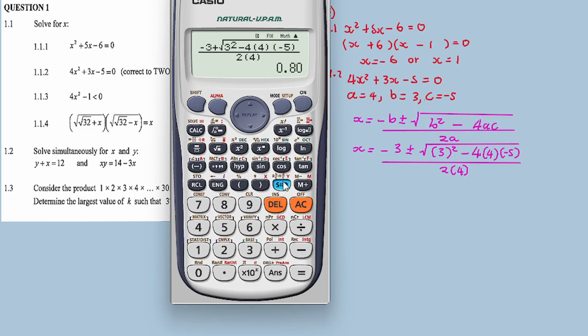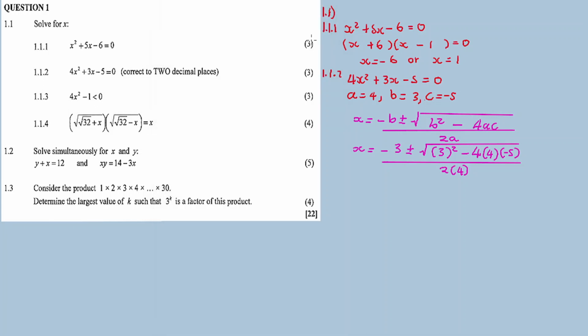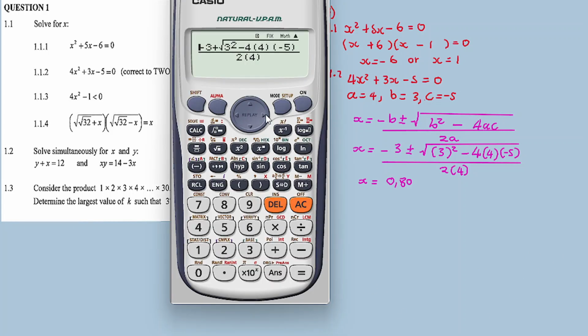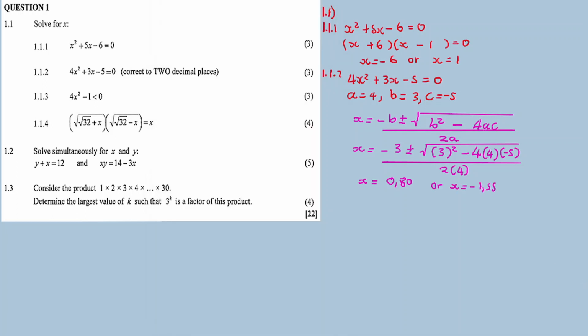This is equal to 0.80, and the next one, because of the plus or minus, is negative 1.55. So now I've got my roots for this equation.